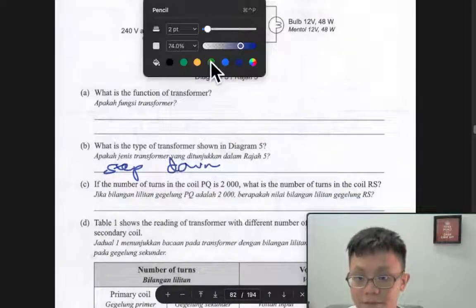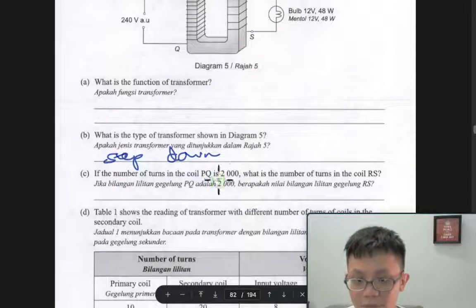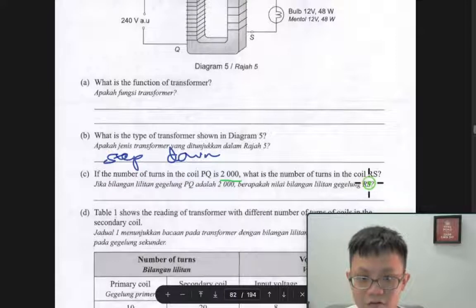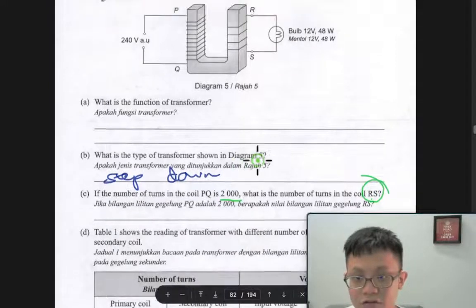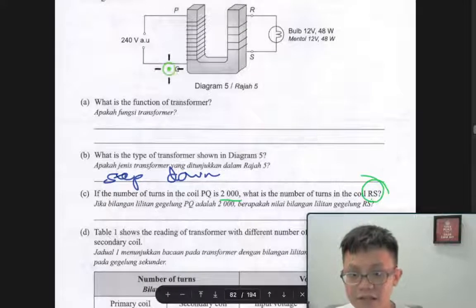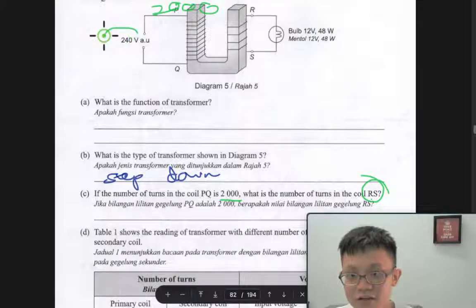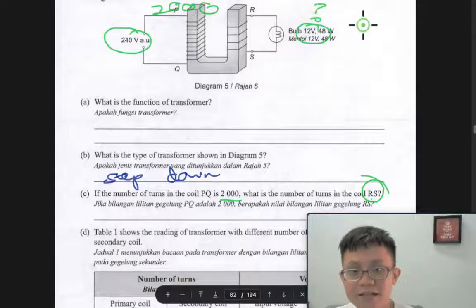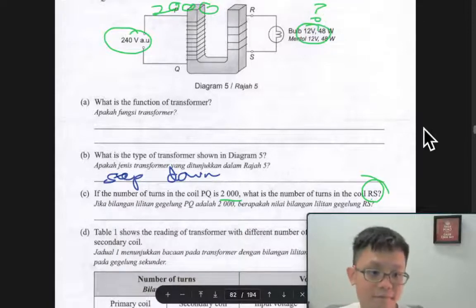Okay, if the number of turns of the primary is 2000, what is the number of turns for the secondary? So this is a mathematical calculation, so you need to write down first. Here is 2000 turns, and here is 240 volt. Here is 12 volt. So what is the number of turns for this one?